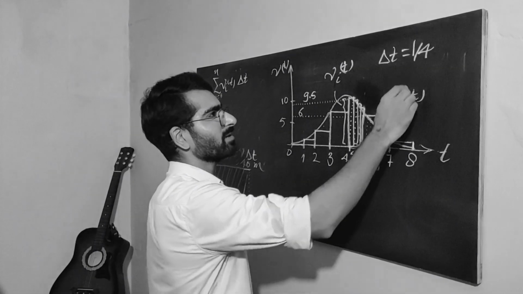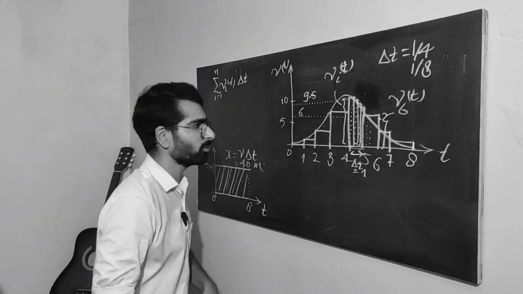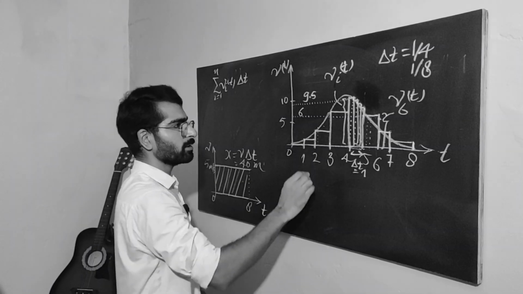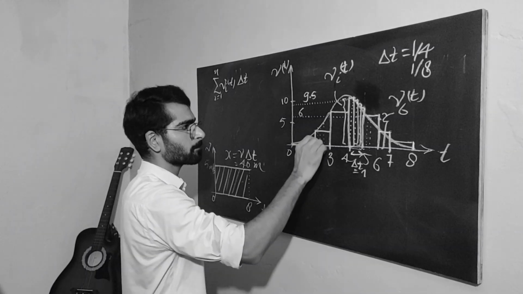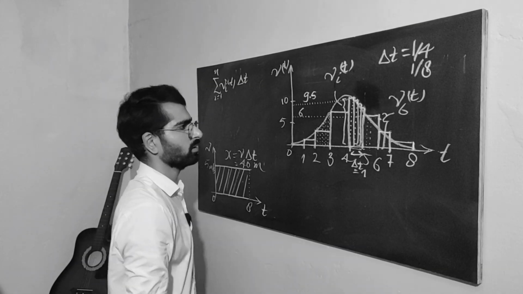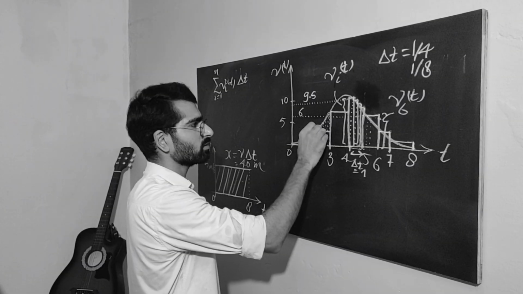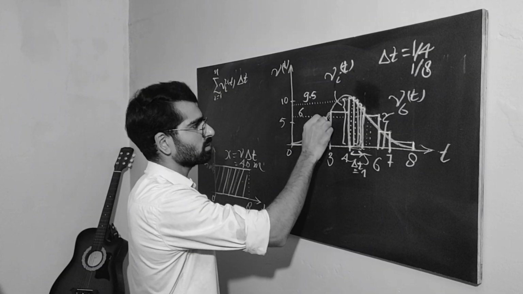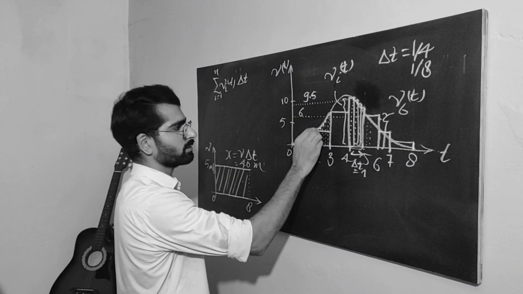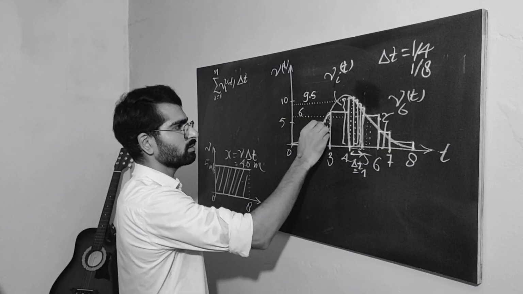What if I take my interval to be 1/8 of a second? Then you are going to see a big change. I have to divide it into 8 parts, right? I think they are 8 already. So speed stays constant for 1/8 of a second, goes up, stays constant, like that. And look, I have to find this thin rectangle area, and this one, right?